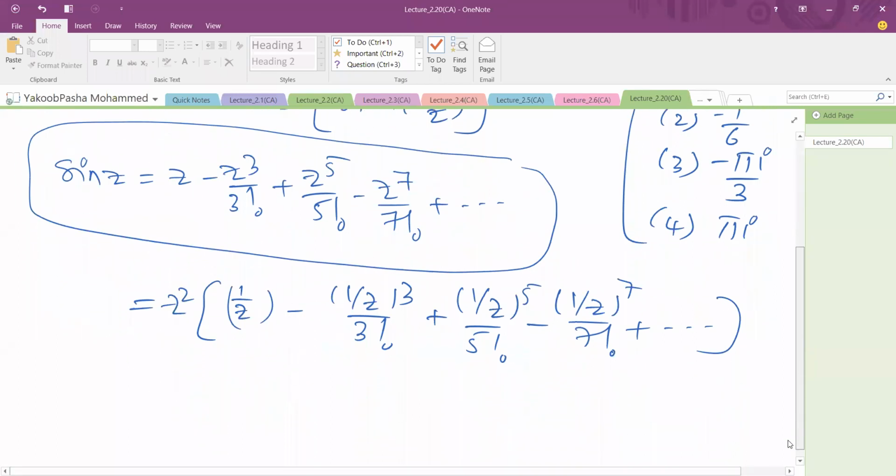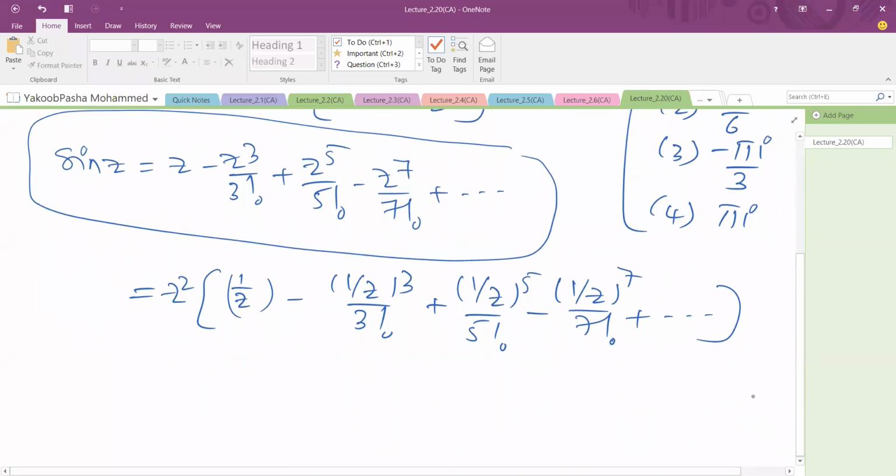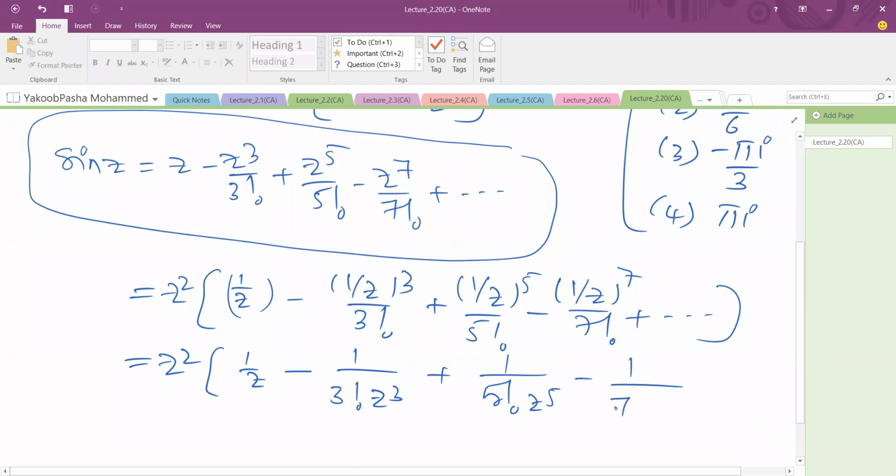This is the expansion of sine 1 by z. So simplify it. Z squared into 1 by z minus 1 by 3 factorial into z cubed plus 1 by 5 factorial into z power 5 minus 1 by 7 factorial into z power 7, next term plus and so on.